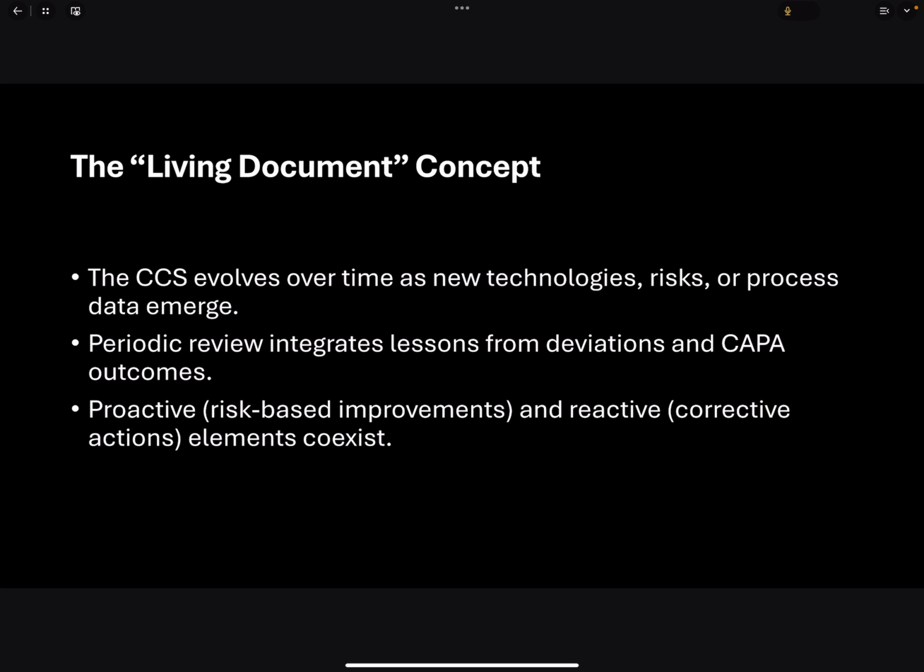Proactive measures like continuous improvement and risk reviews, and reactive ones like CAPA, meaning corrective and preventive actions whenever contamination events occur. In simple terms, CCS keeps learning and growing along with your manufacturing process.